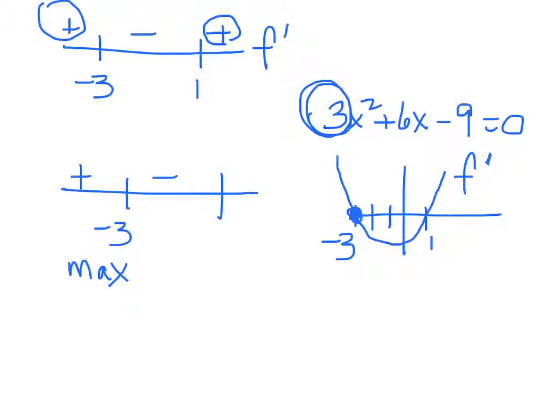Likewise, from the derivative, a sign change from negative to positive, which we have in this case at x equals 1, we call a minimum. So whenever we have a sign change in the derivative from positive to negative, I will get a max for the function. And when I have a sign change from a negative to a positive in the derivative, that means the function will have a minimum at that point.